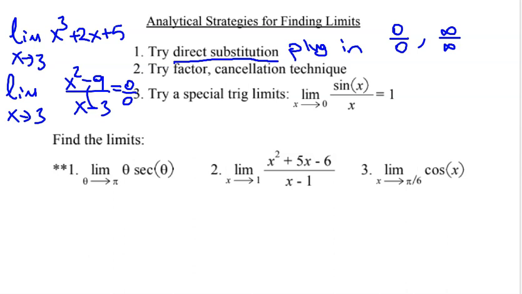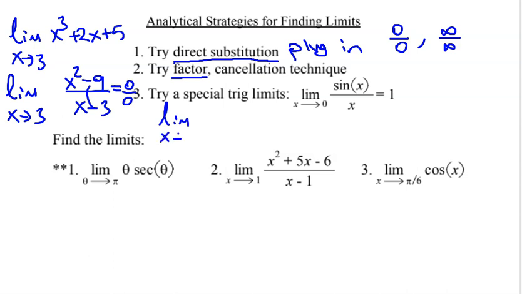We try to factor the numerator, mostly the numerator, to generate common factors so we can divide them out. That's the factoring method. In order to deal with this limit, I need to factor this x squared minus 9.